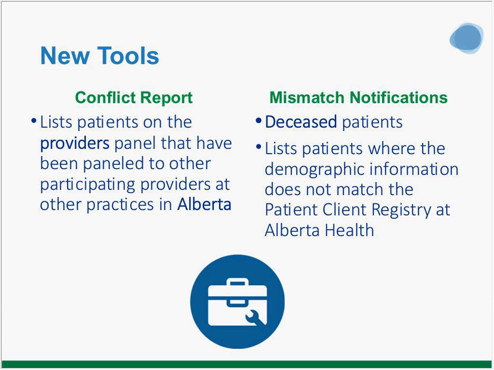Two key tools will be new and available to practices. The first is the conflict report. This lists any patient that the provider put into the registry that another primary provider said was on their panel. Importantly, it lists the date that the provider last saw the patient, the last visit date, and the date that the patient was last confirmed.